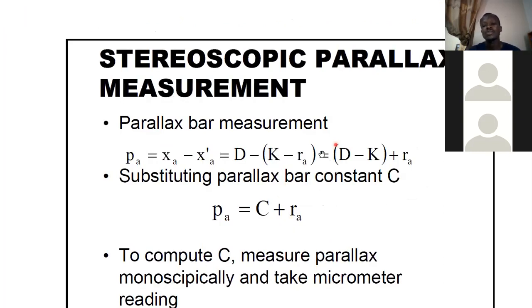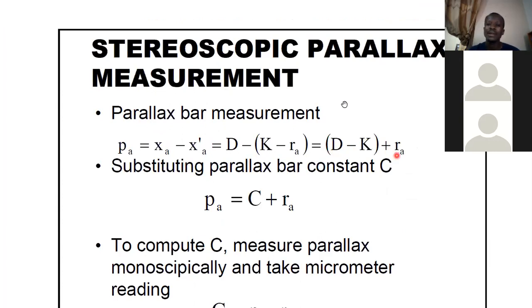So D minus K plus RA, remember that the constant is actually C equal to D minus K. So we just replace D minus K with C. In maths, when you write 2 minus 3, what you are getting is a constant. 2 is constant, 3 is constant, the answer is a constant. That's what we are doing over here.